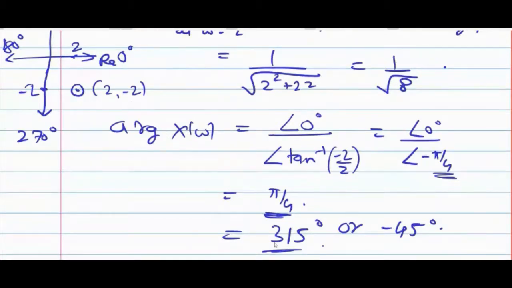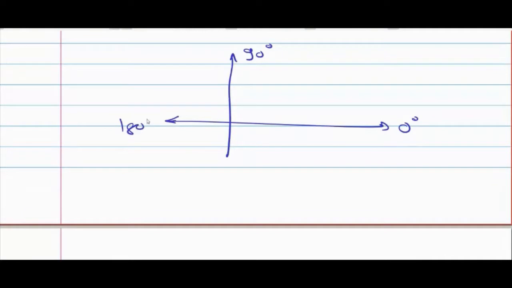Quickly, this is 0 degree, 90, 180, 270. If coordinates are in the fourth quadrant, then the angle must be between 270 and 360 degree.